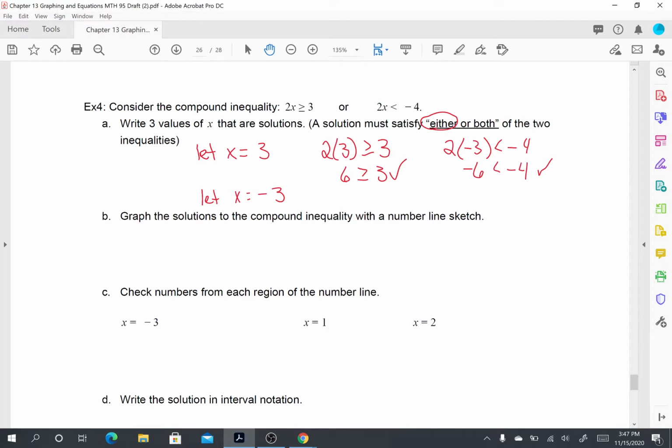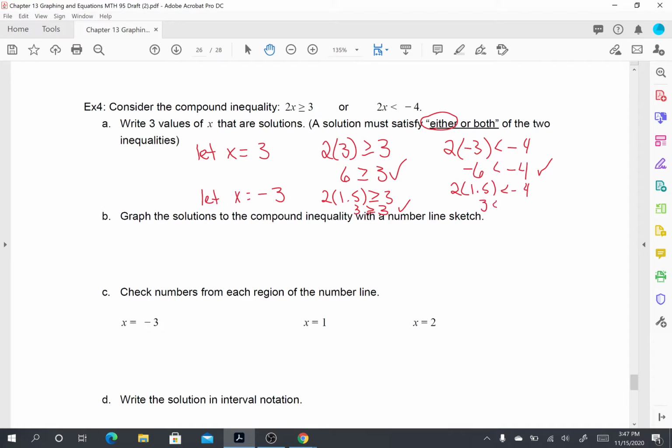So let's do x equals 1.5. All right, so if I did 2 times 1.5, is that greater than or equal to 3? I'm getting that 3 is greater than or equal to 3. Yep, that's true. And if I had put it in the other one, 2 times 1.5, is that less than or equal to negative 4?